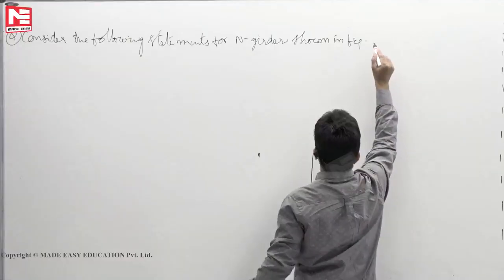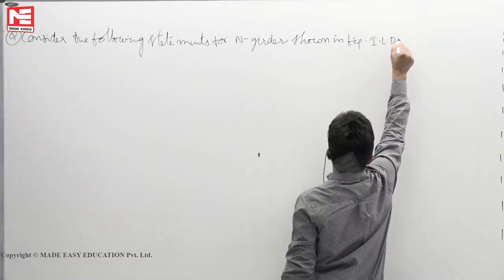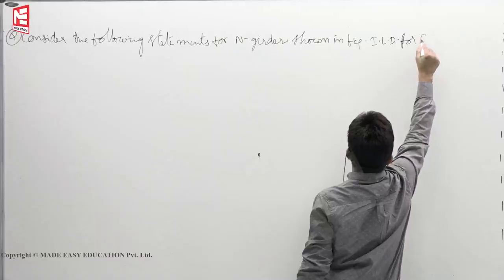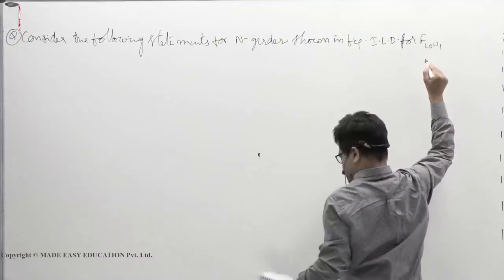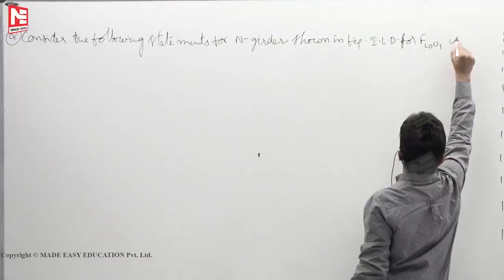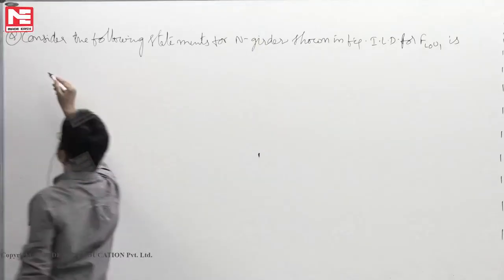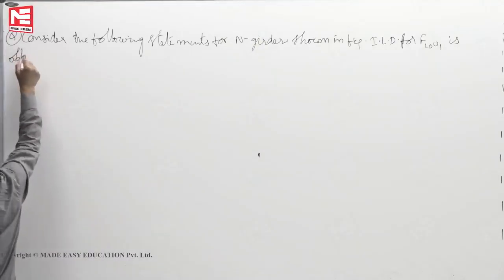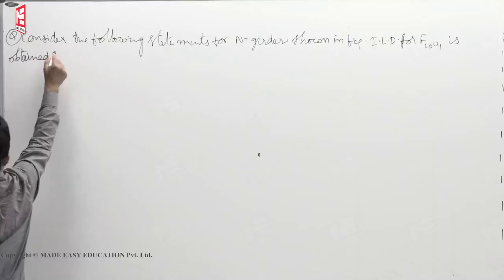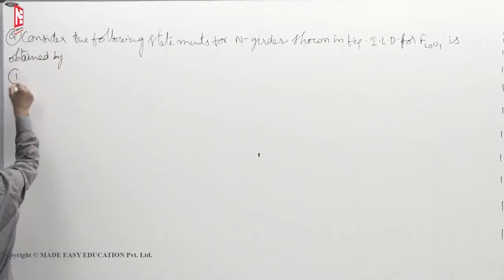ILD for F L0 U1, L0 U1 is obtained by three statements.